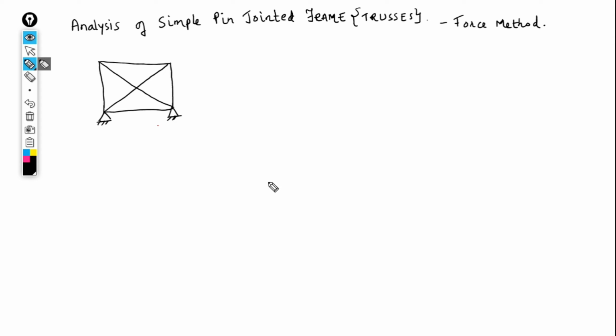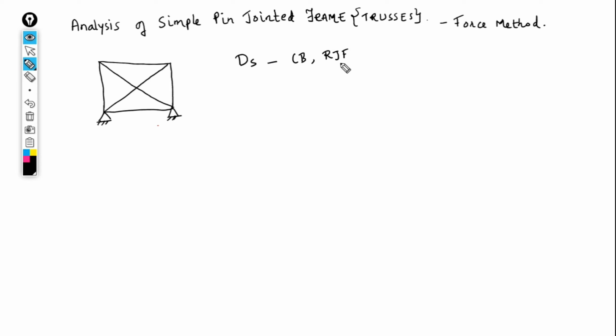In this problem, we will see analysis of simple pin jointed frame, that is trusses, by force method. Whenever we are dealing with analysis by force method, the very first step is to find the degree of statical indeterminacy, and this is true for continuous beams and rigid jointed frames.